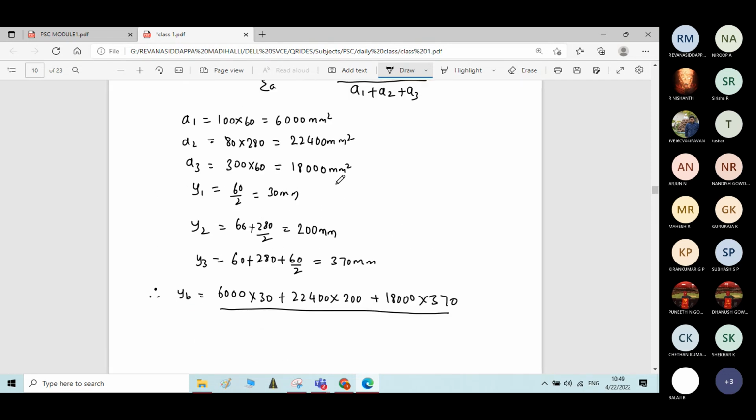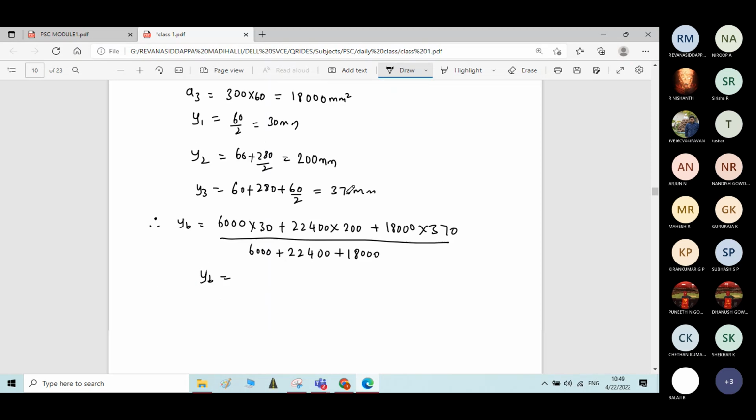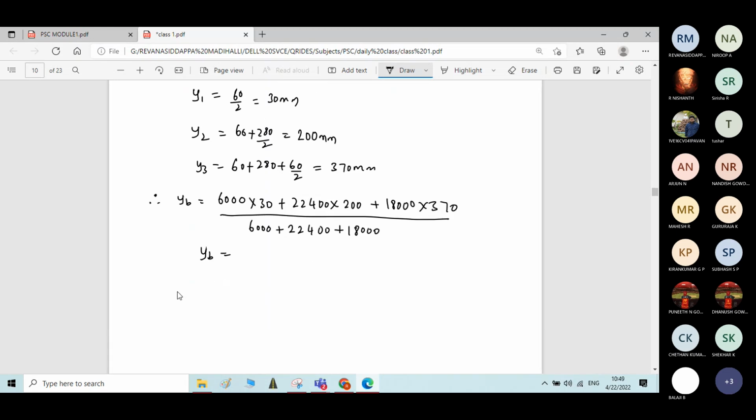Directly you can substitute 6,000 plus 22,400 plus 18,000. By this you will get YB. YB will be 244 mm. Check the answer, please.